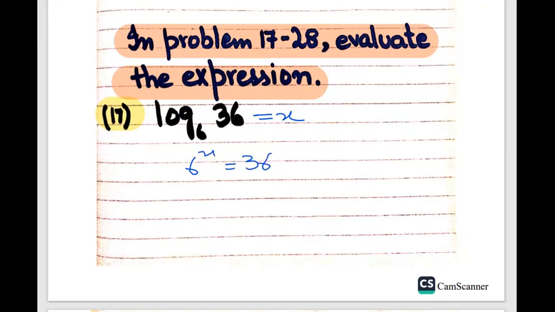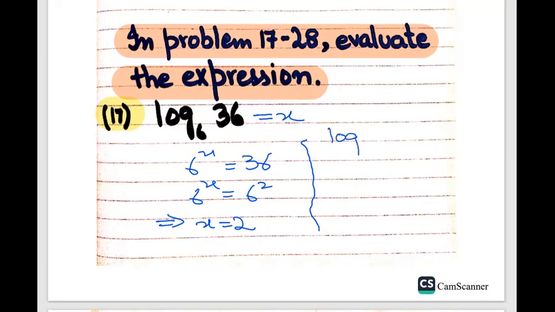Now we can write this 36 as 6 raised to power 2. Now the bases are the same, so the powers are also the same. So x is 2. Now we can verify that this x equal to 2 satisfies the given equation.